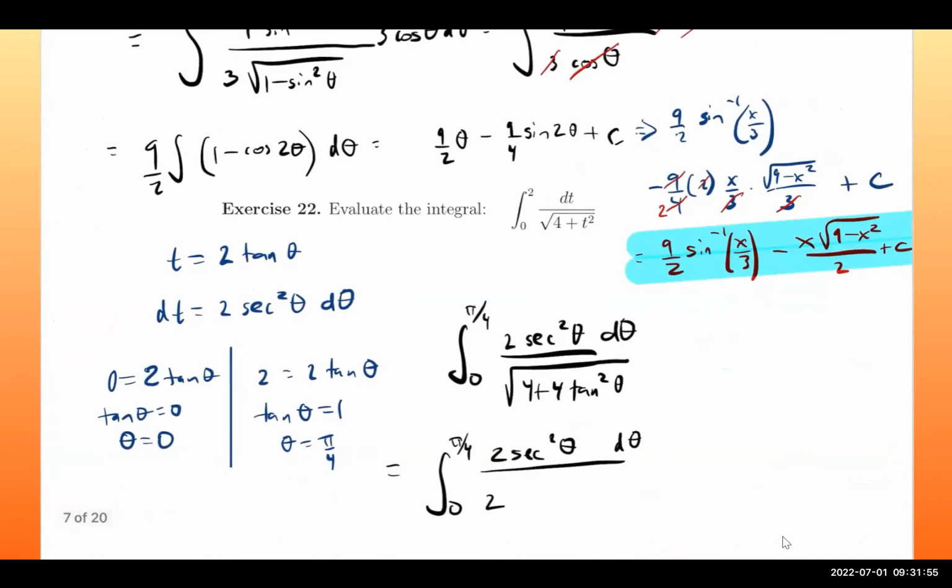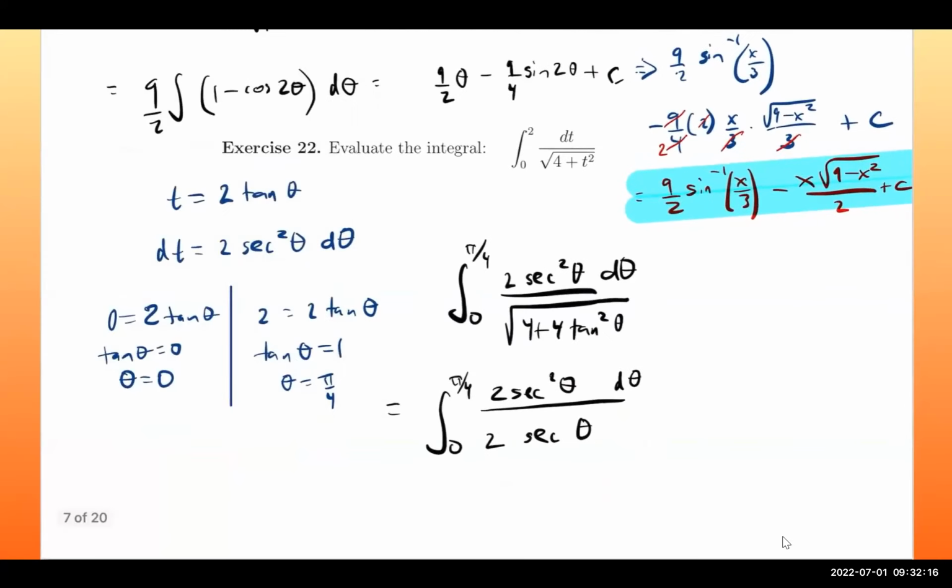And then the square root of secant squared is just secant. So once again, this became 1 plus tan squared after I took out the 4. And then 1 plus tan squared is secant squared, and the square root of secant squared is just secant. All right, and now we can cancel some things out: 2 secant with 1 secant.